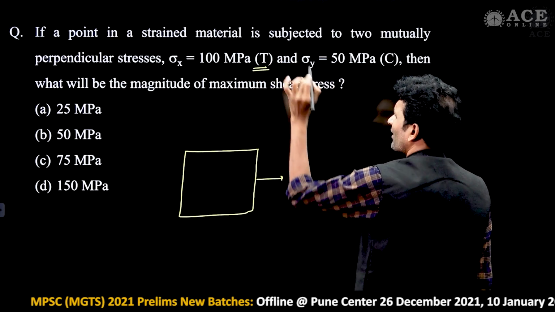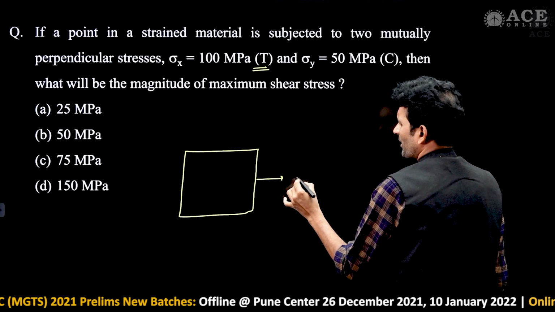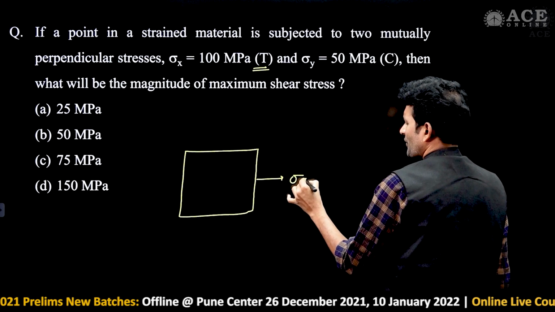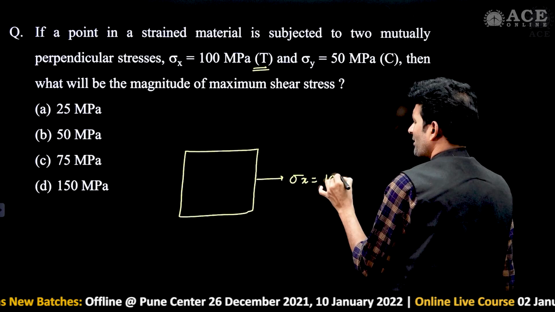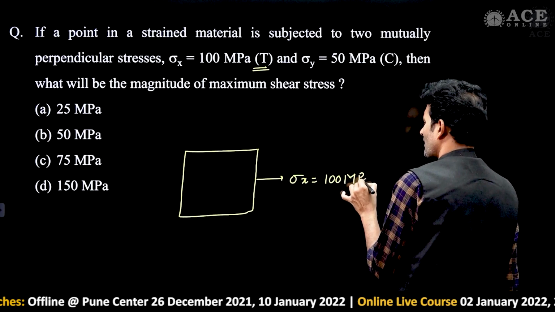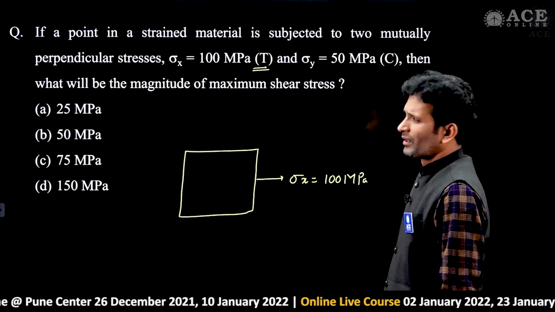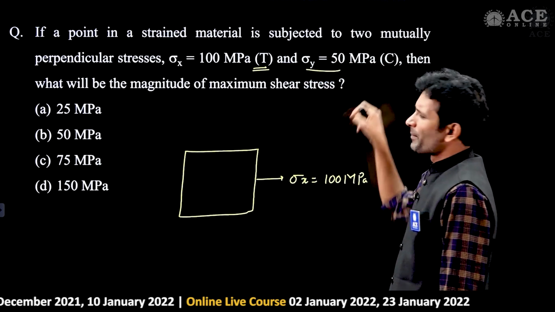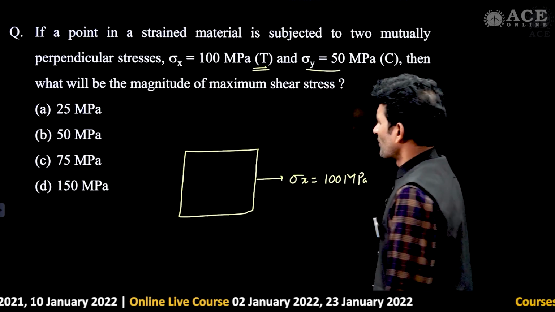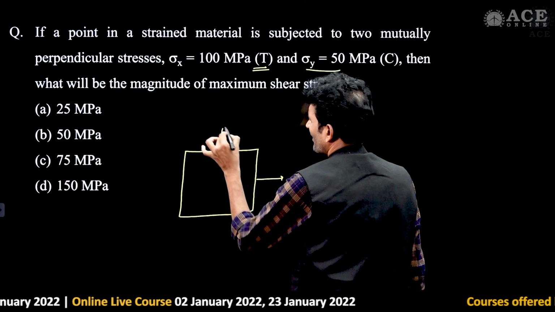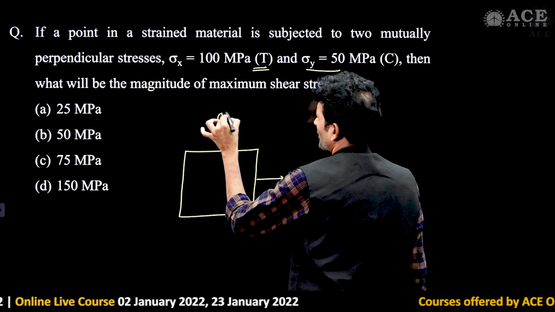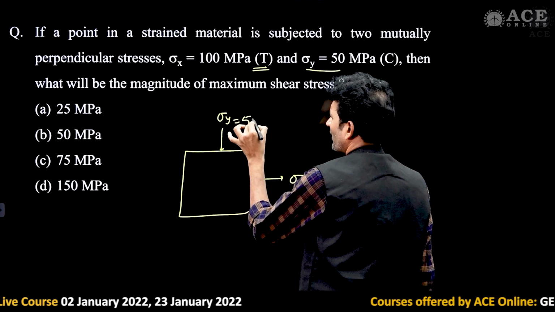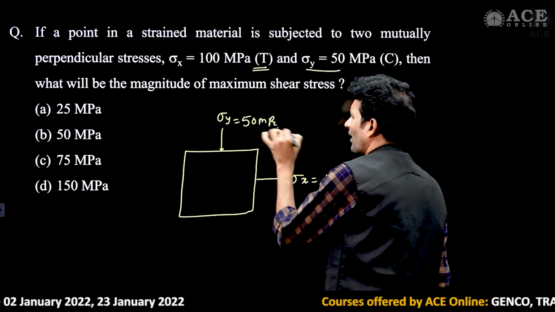Because it is of tensile nature, clearly mentioned. Sigma x value is 100 megapascal with the tensile nature. When I am taking the sigma y value, sigma y is 50 megapascal with the compressive nature. So, sigma y is compressive, my dear friend, with a magnitude of 50 megapascal.